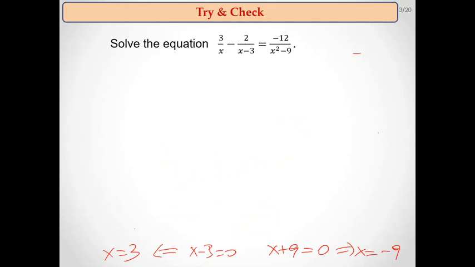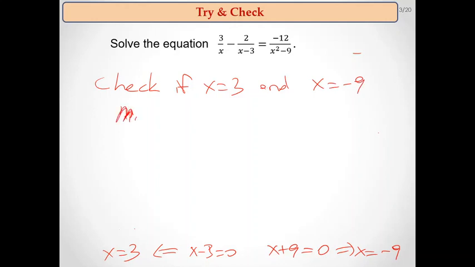So these are the possible solutions, but check if x equal to 3 and x equal to minus 9 make a problem.